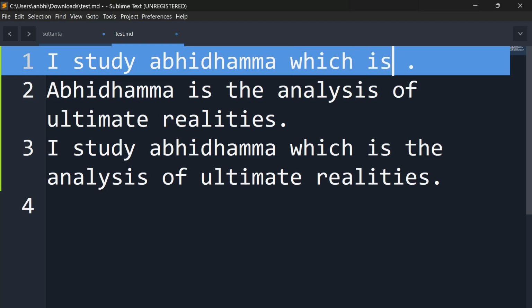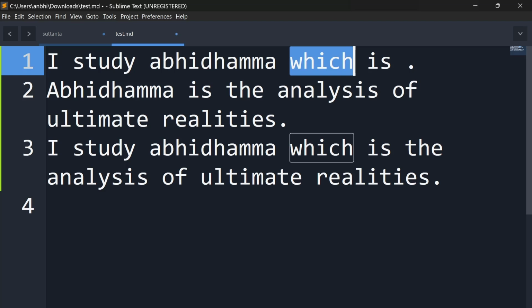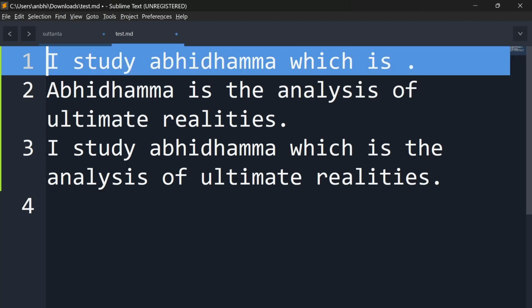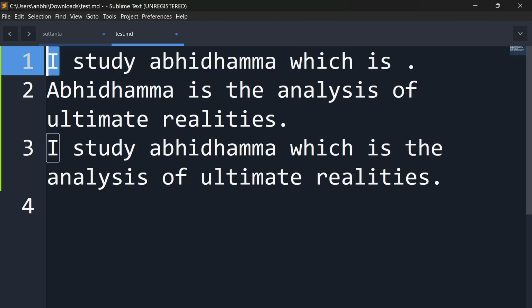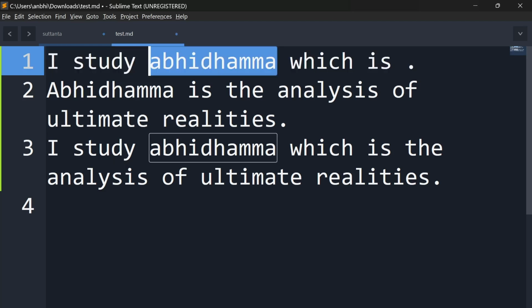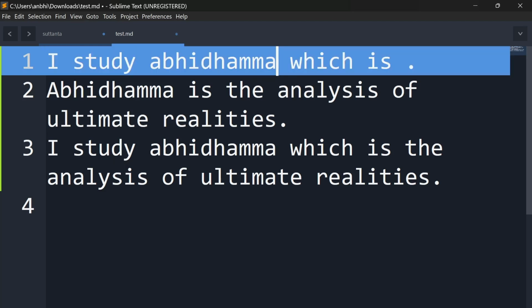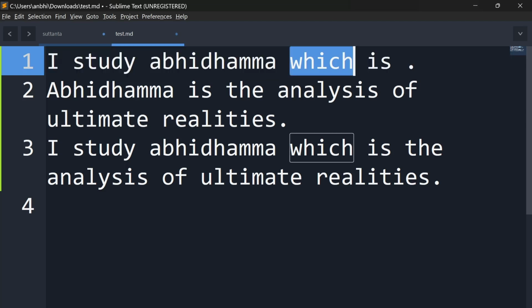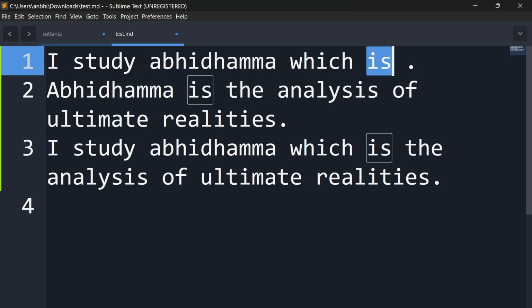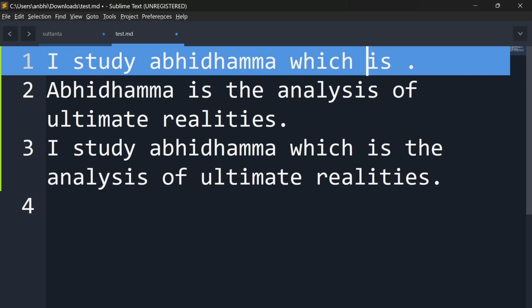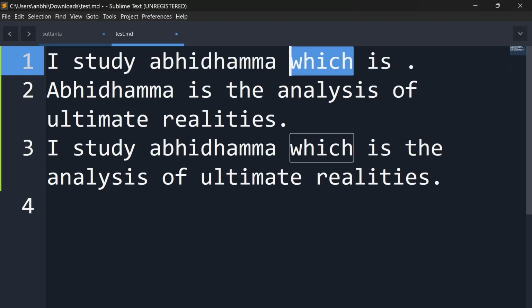Which is, and you can conjugate the verbs normally, like a new sentence, a new clause. So here you have I as the subject, study is the verb, Abhidhamma is the object. Now you have a pronoun which refers to Abhidhamma and it becomes the subject of a new clause. Then you can add another verb conjugated for which is.